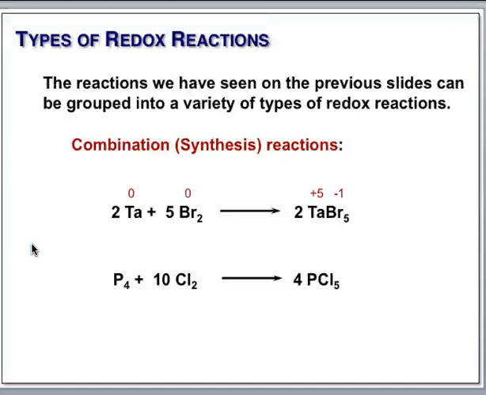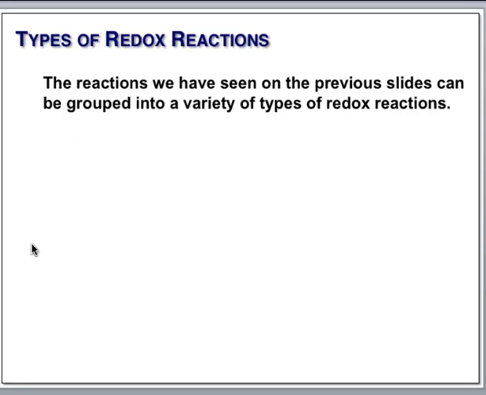Phosphorus element, 0. Chlorine, 0. Chlorine is going to be -1. That means our phosphorus must be +5. Most synthesis reactions, probably not all, but most, are going to be redox.